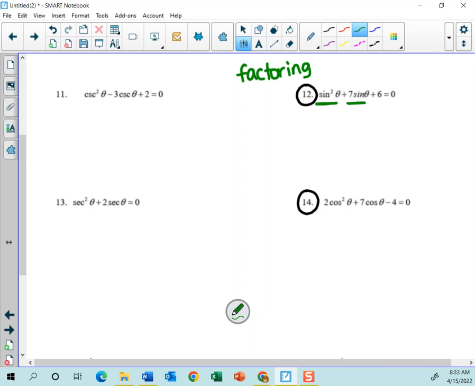Different powers of the same function. And as I look at this, when I see a squared function and a normal function and a constant, I have to kind of think about, all right, this is a trinomial, which means I'm going to think about my trinomial factoring.